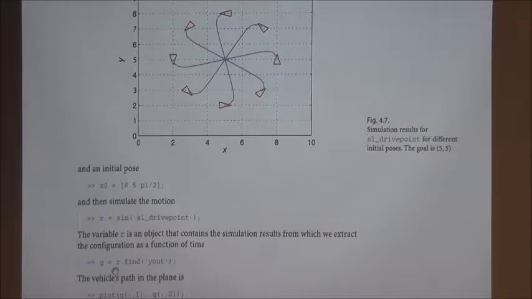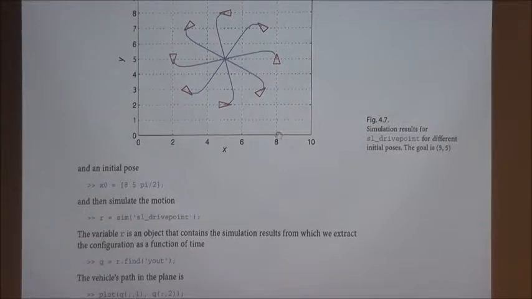For example, configuration Q is obtained by R.find quote unquote Y out. If you want to plot X versus Y, you have plot Q colon comma 1 comma Q colon comma 2, that gives you this plot. And you keep changing the initial pose, you get all 8 of them by holding the plot.